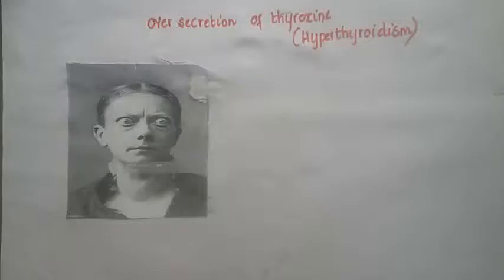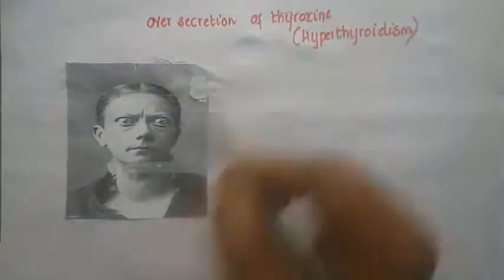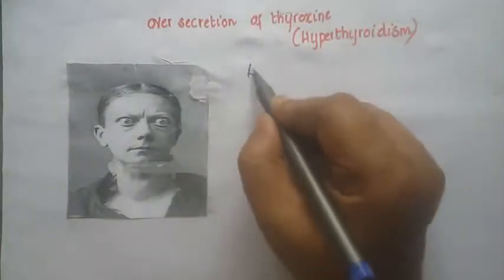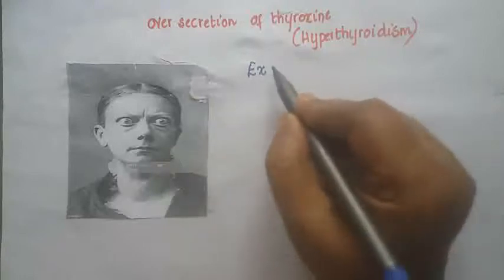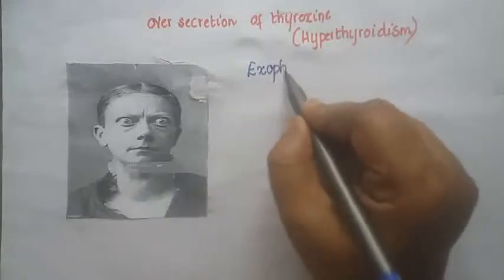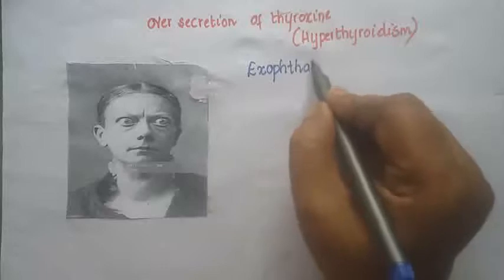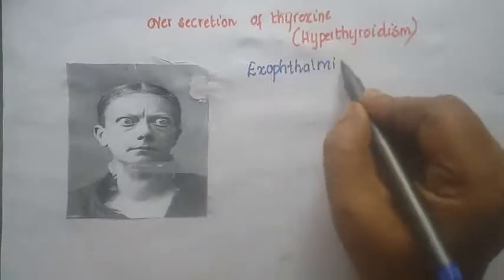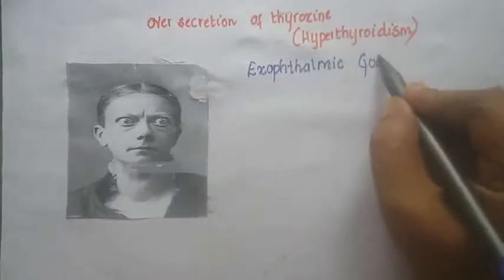Children, the disorder occurring due to over secretion of thyroxine, we name it Exophthalmic Goiter.